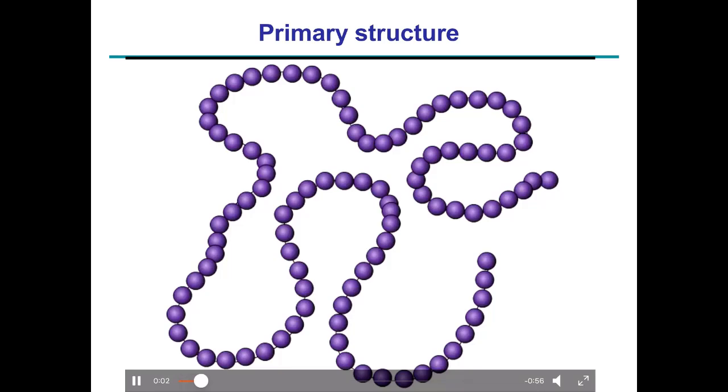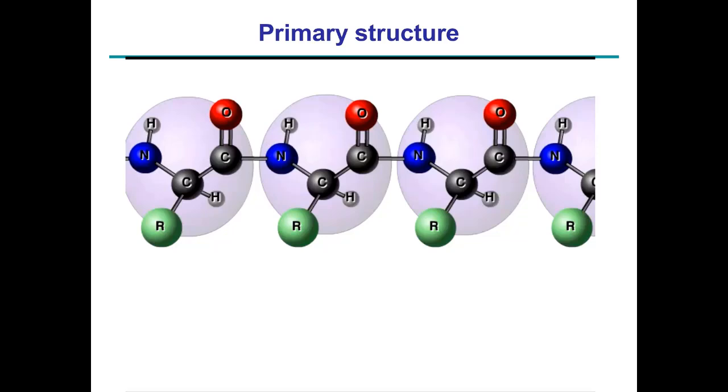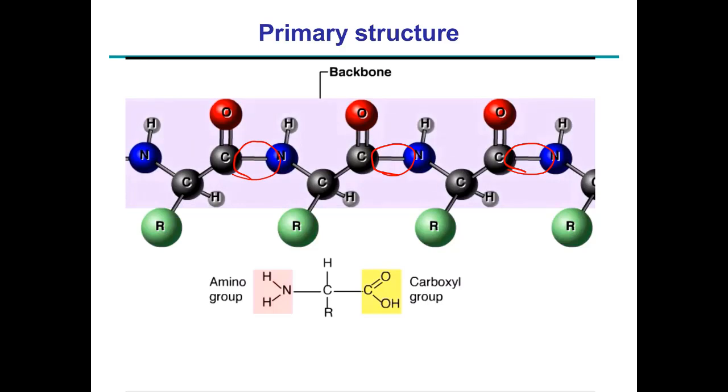So each amino acid which is added on to the other amino acid gives rise to the sequence of the amino acids within a polypeptide chain that governs its primary structure. Now, the primary structure starts off from the N terminus going all the way up to the C terminus, and these primary structure amino acids between them, as we studied earlier, give rise to the polypeptide chain, and within them they have the backbone formed by the core proteins.